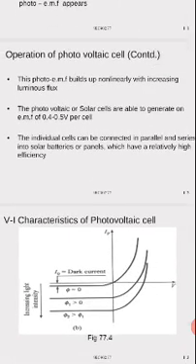VI characteristics of photovoltaic cell, that is, volt-ampere characteristics of photovoltaic cell.